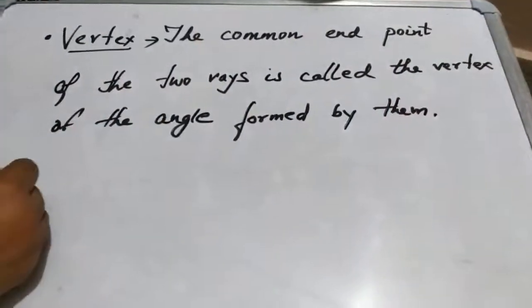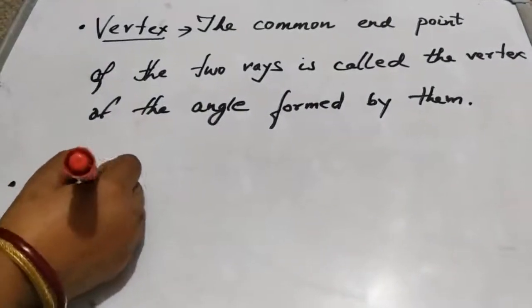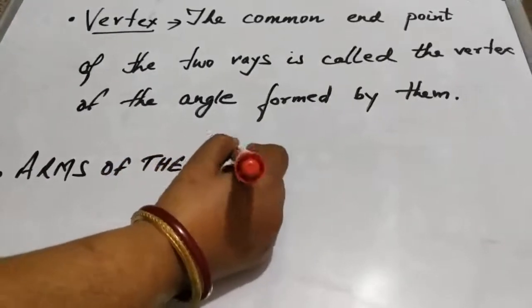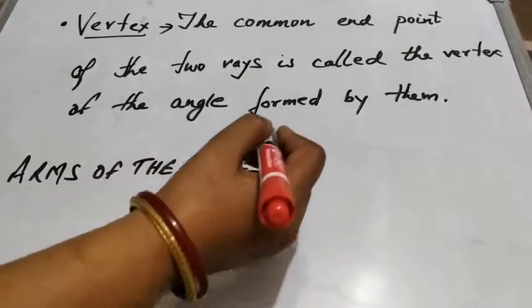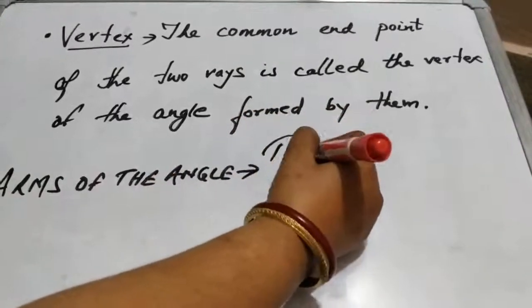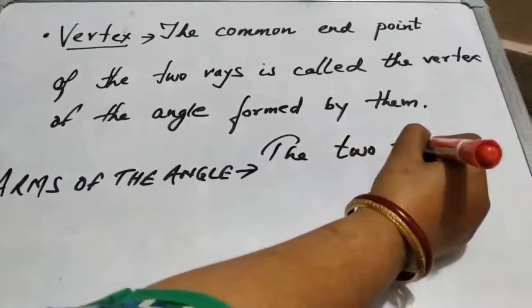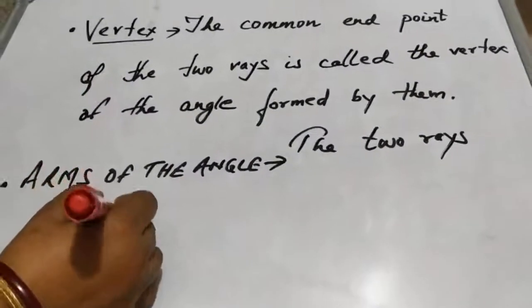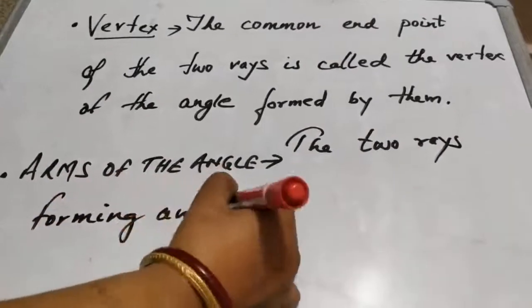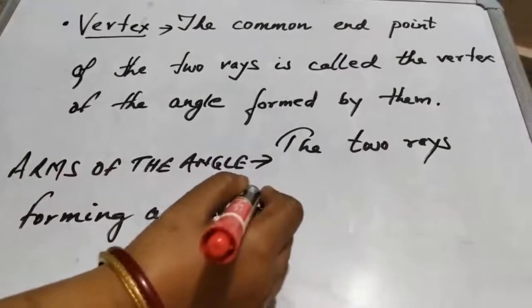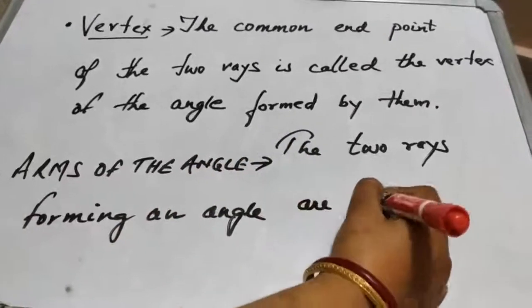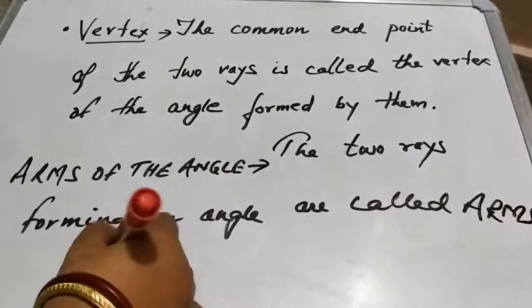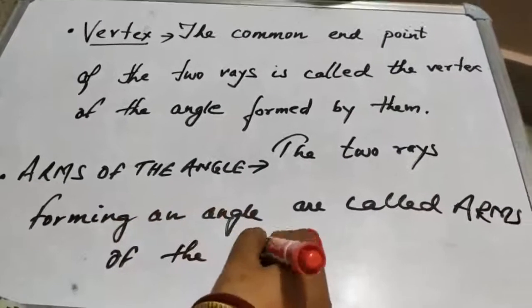Okay, what are the arms of the angle? The two rays forming an angle are called arms of the angle.